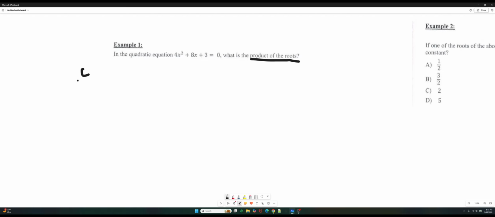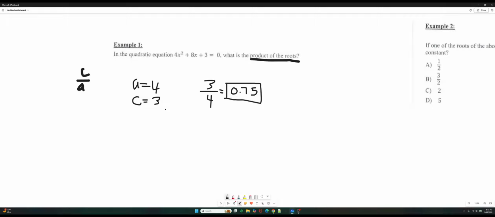That'd be c over a. We know that a equals 4 and c equals 3. 3 divided by 4, so it would be 0.75. That'd be your answer for this question.